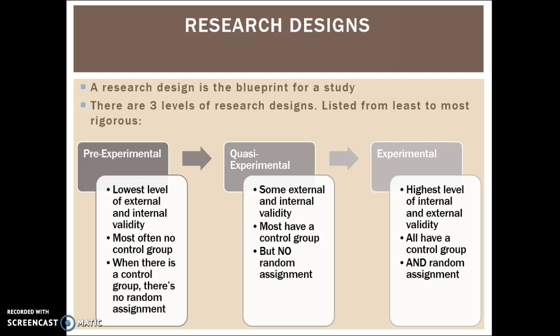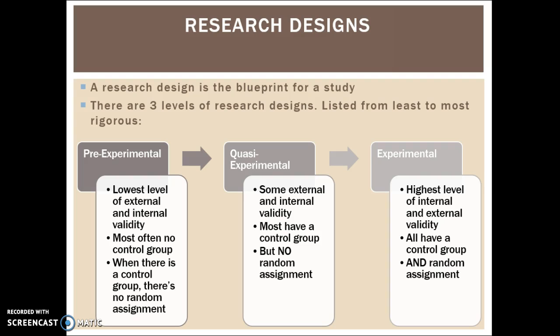With pre-experimental designs, you will have the lowest level of external and internal validity. You will most often have no control group. And when there is a control group, there's no random assignment.